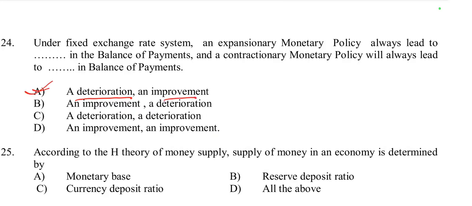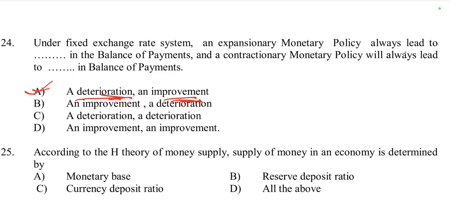Just reverse: expansionary, deterioration, and contractionary, improvement. Under a fixed exchange rate, an expansionary monetary policy always leads to a deterioration in the balance of payment, and a contractionary monetary policy always leads to improvement in the balance of payments.